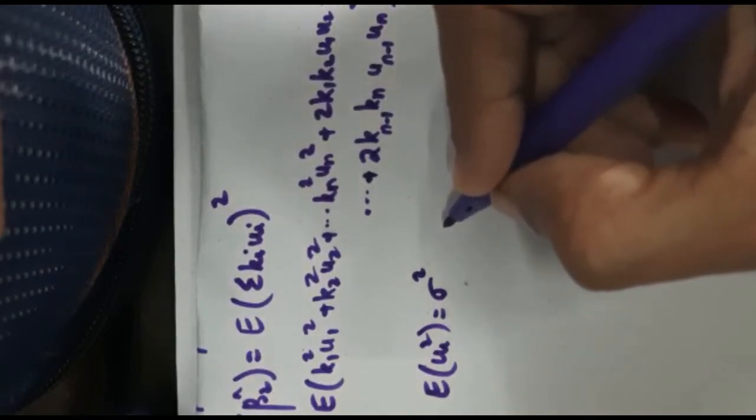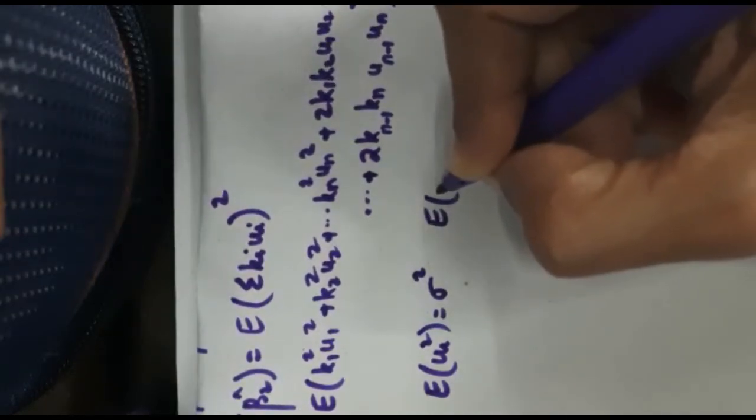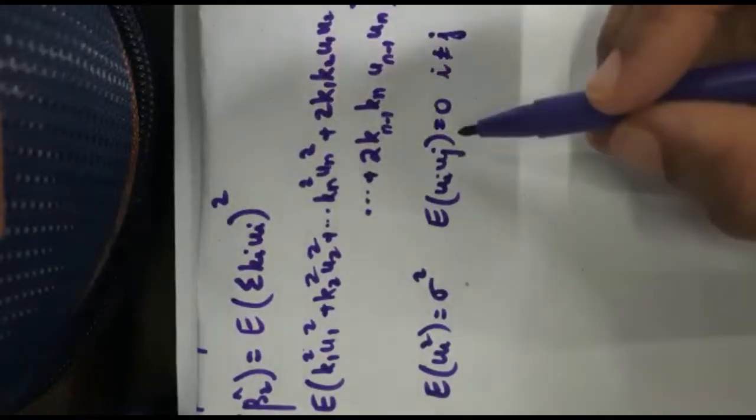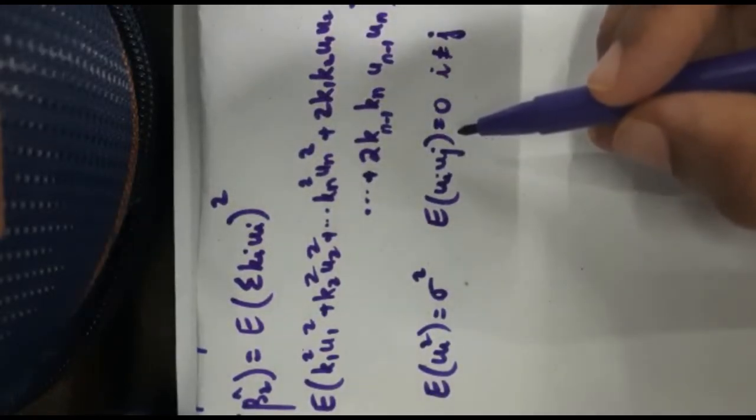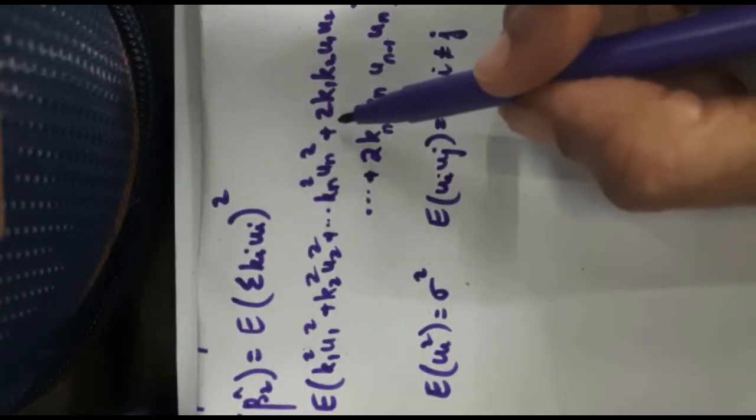Another important assumption is no autocorrelation, which was symbolically represented as expectation ui uj is equal to 0 for all i not equal to j. Using these two assumptions, I can reduce all such interaction terms where we have u1 u2, u2 u3, un minus 1 un. All of these interaction terms will become equal to 0 when we take the expectation.